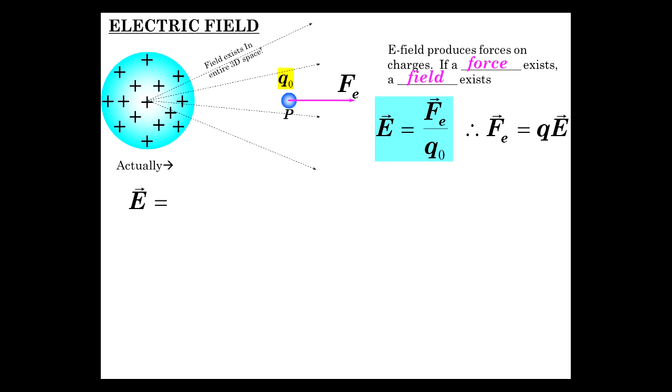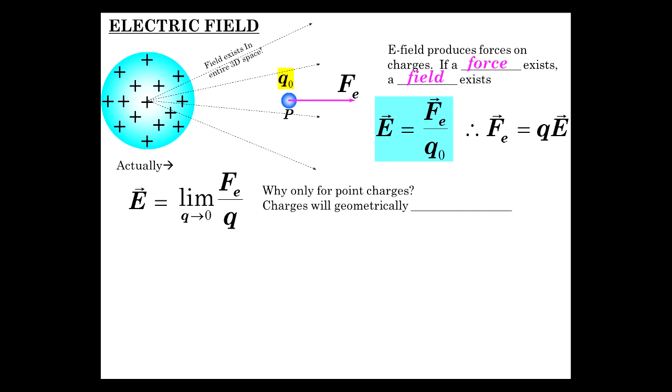Now, actually, a little more carefully, this is a small detail, but probably worth mentioning. The E field is the limit of force per charge as the charge approaches zero. And there's a reason for the limit being of interesting conceptual note here, at least. Why only for point charges? The reason is because this charge will actually redistribute the charge of the source.